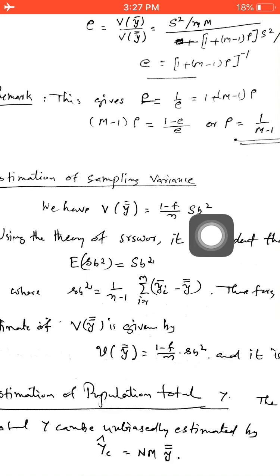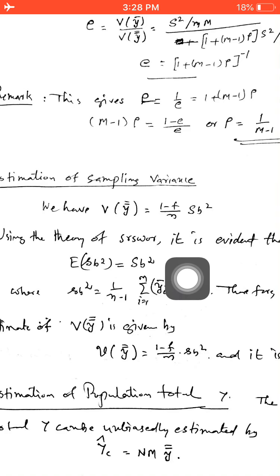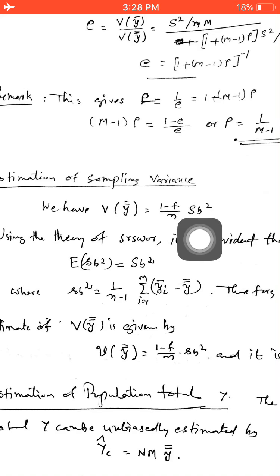Because the difference of theory in simple random sampling and cluster sampling is that in simple random sampling you are selecting by SRS the elementary units, whereas in cluster sampling you are selecting clusters.